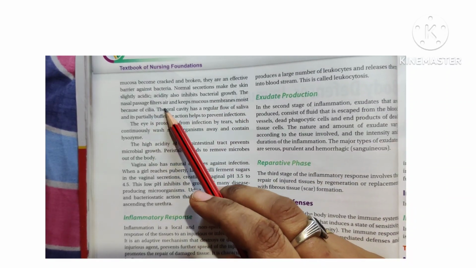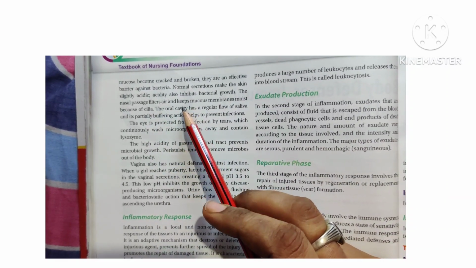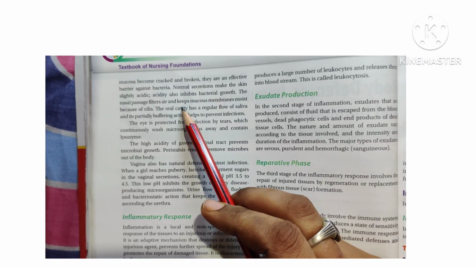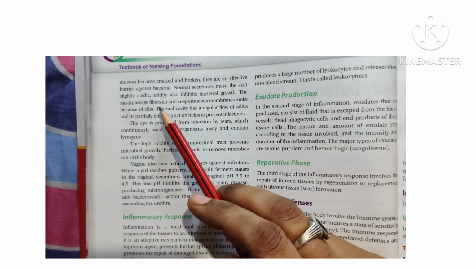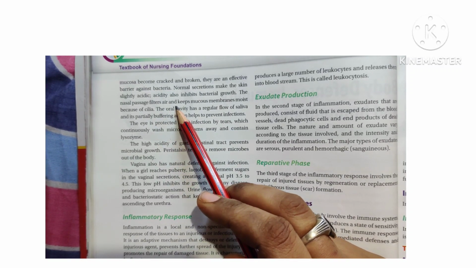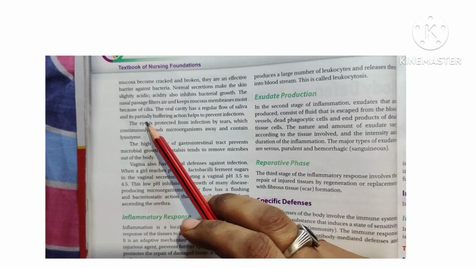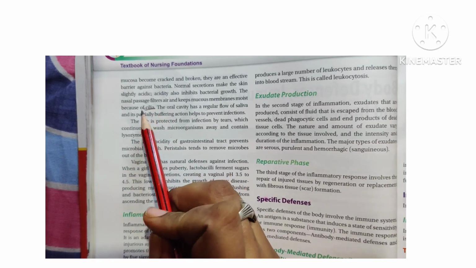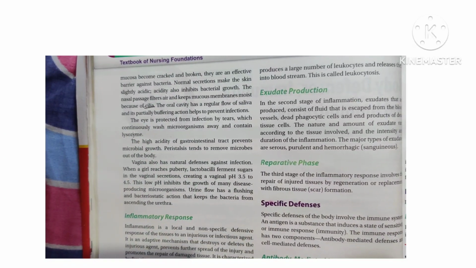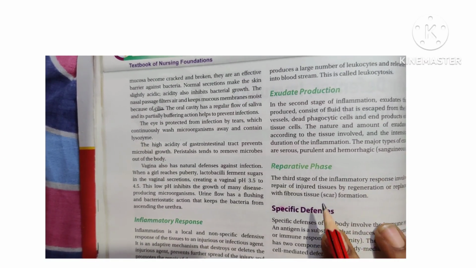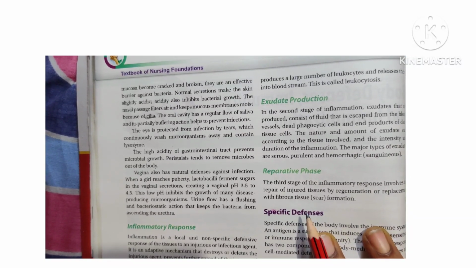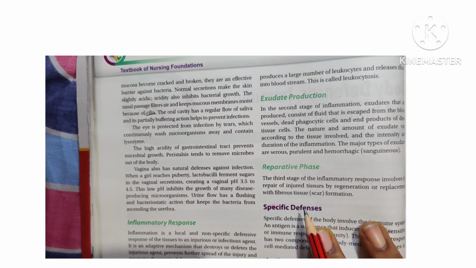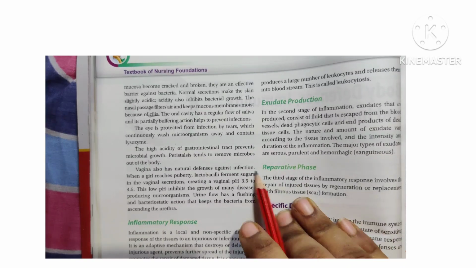The nasal passage filters air. The cilia, the hair present in the nasal mucosa, will be filtering the air and keeping the mucous membrane moist. The cilia or the hair present in our nose act as a filter of the air going inside, and also keep the mucous membrane very moist.